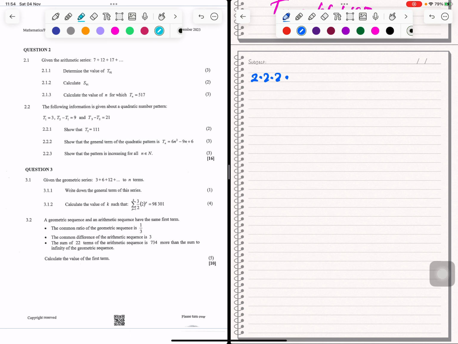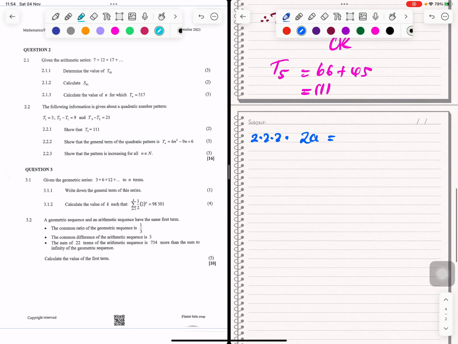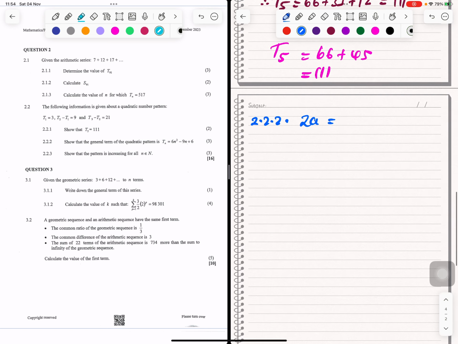In a quadratic pattern, you know that 2a is equal to the first term of the second difference. In this case it was 12. So 2a is equal to 12. You divide both sides by 2, so your a here is going to be equal to 6.